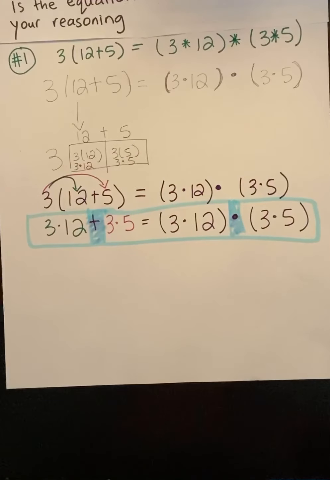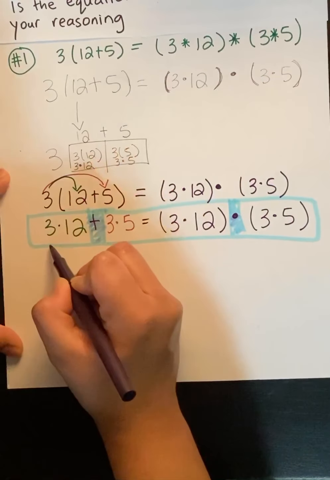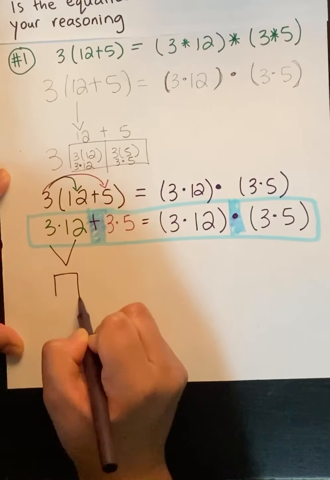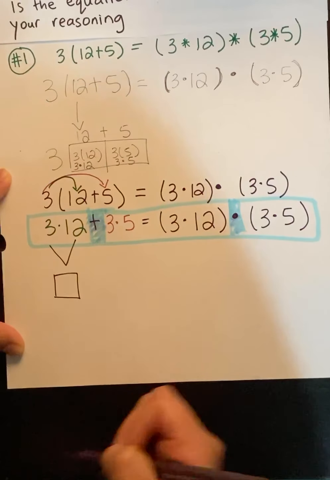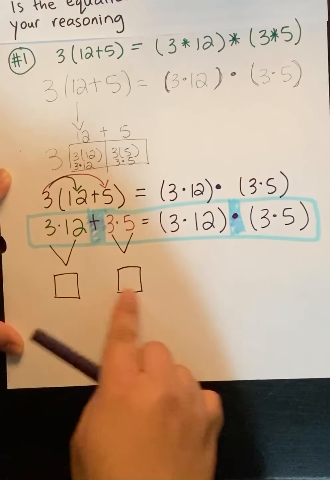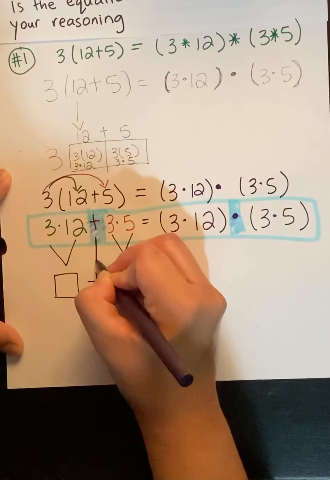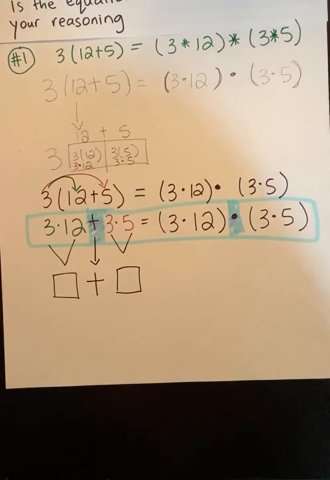And that tells me, because this is adding and this is multiplication, I know the equation will be false. So what I mean by that is, if I do 3 times 12, I'm going to get a number. If I do 3 times 5, I'm going to get another number. Even though I don't know what these numbers are, I know I'm going to be adding them because that's what it says in the equation.